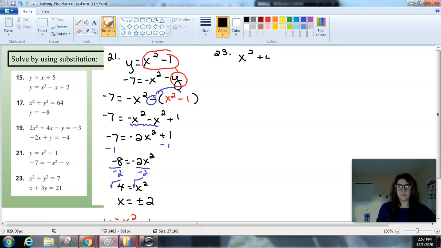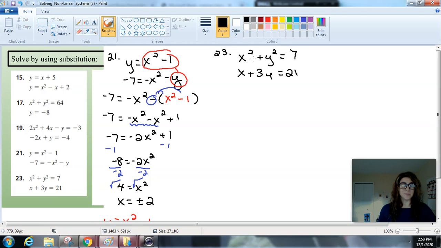So you have x squared plus y squared equals 7. X plus 3y equals 21. Okay, so you actually can get y by itself in this case, or x by itself. And the only reason I say you can do x in this case, and I stressed before it should always be y, is because no matter what I'm substituting, I have both squared.